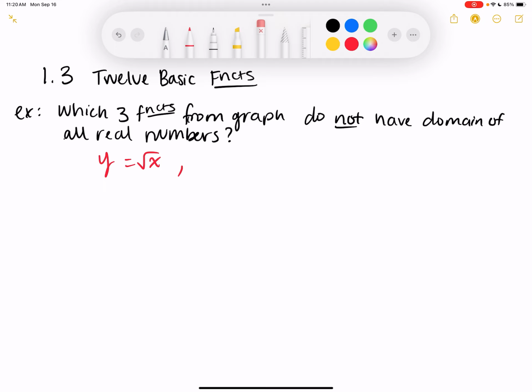Sine function. Nope. You're looking for the graphs that do not have all x values. Absolute value function. No, that has all x values.